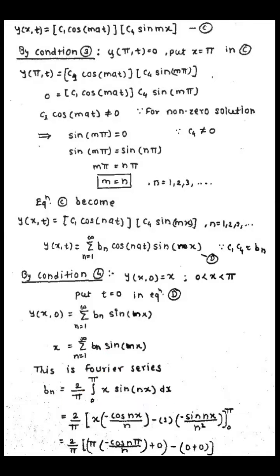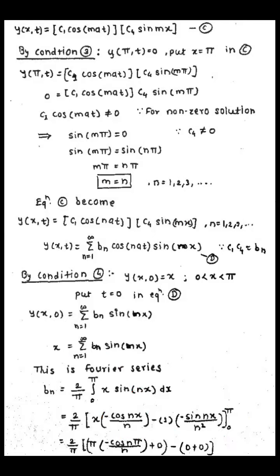According to that rule, the function x is treated as u, and the second term is treated as v. Take the integration of v: it is minus cos(nx) upon n, minus the derivative of u, which is 1, into the integration of this term, which is minus sin(nx) upon n square, with limits 0 to π.